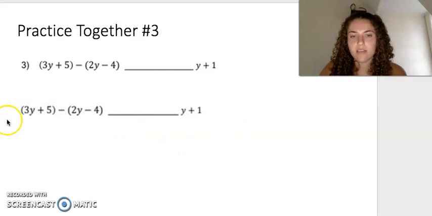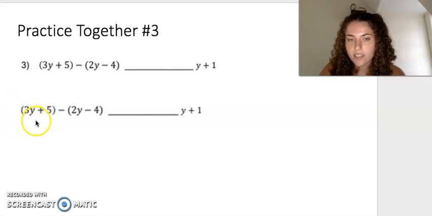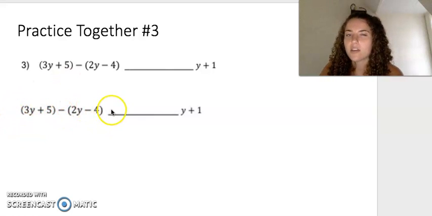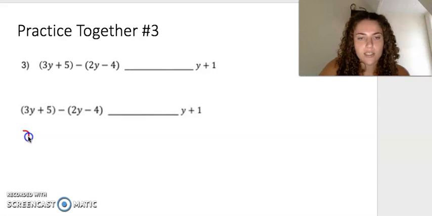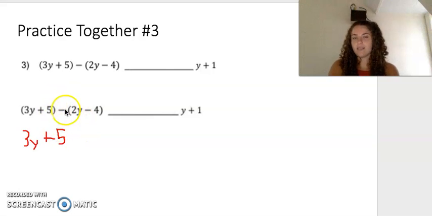So again, here's the problem down here with just more space. The good thing here is that we don't have any numbers next to our parentheses. It's all addition and subtraction, so we can get rid of those parentheses so that it kind of looks like one expression. So this is going to look like 3y plus 5. Here's where it gets a little tricky.